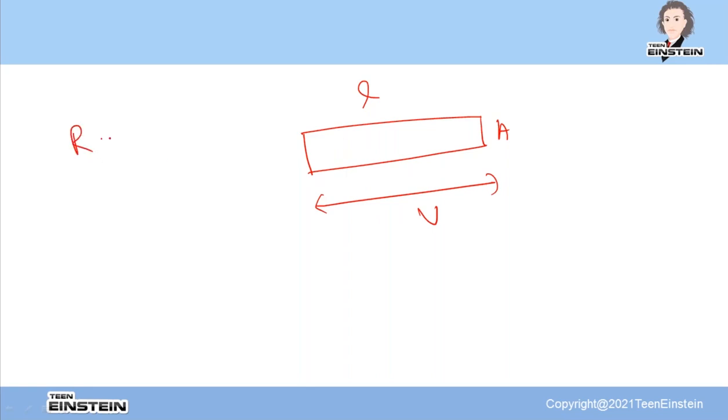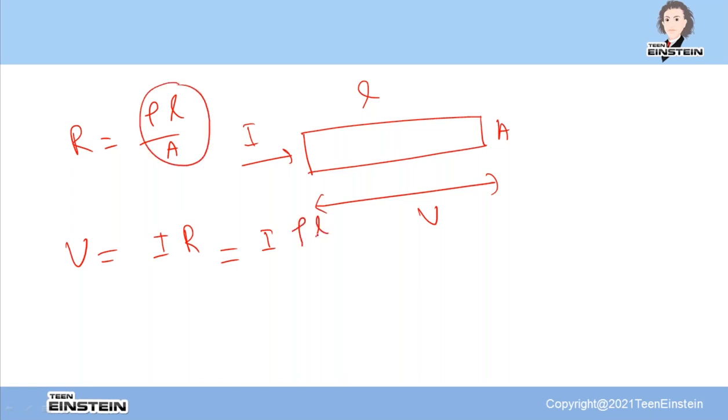R is rho L by A. The same current I is flowing through this, so the potential difference across this conductor is V equal to IR. Instead of writing R, I'll write rho L by A.